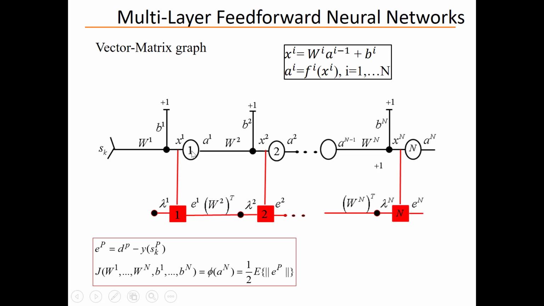Okay? So that's a single layer, layer 1. The superscript here stands for the layer. And then the output of the nonlinearity is A, which stands for activation. Okay?